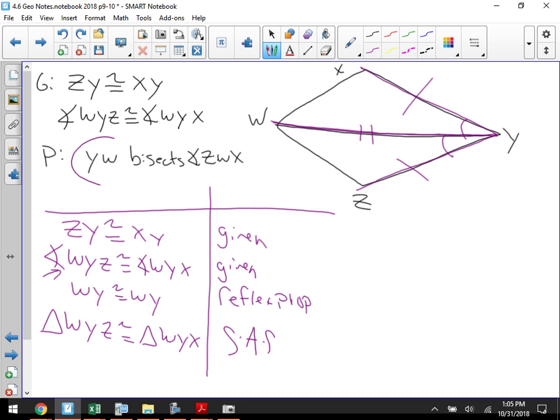This problem is asking you to show that YW, sorry, I misspoke, YW bisects angle ZWX.